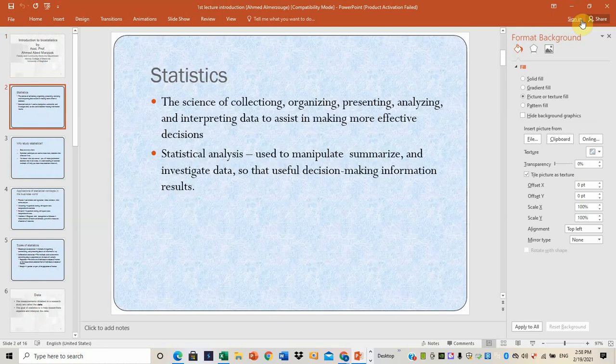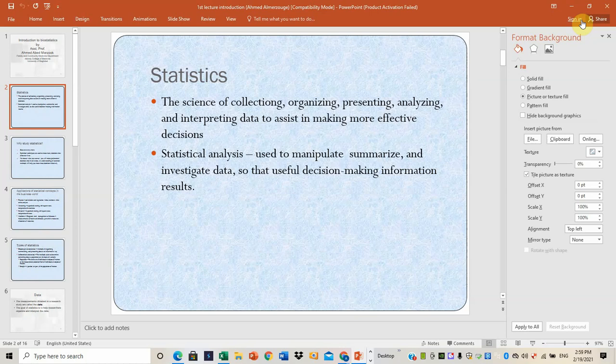In fact, statistics is the science of collecting, organizing, presenting, analyzing, and interpreting data to assist in making more effective decisions.